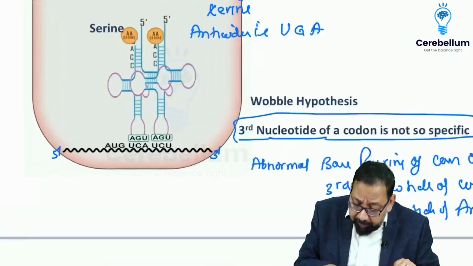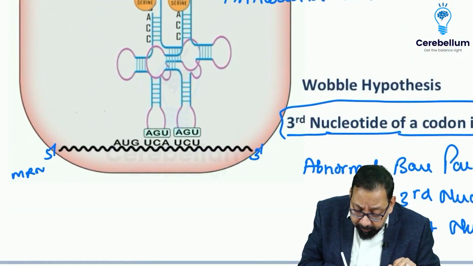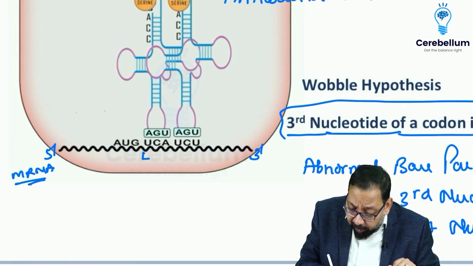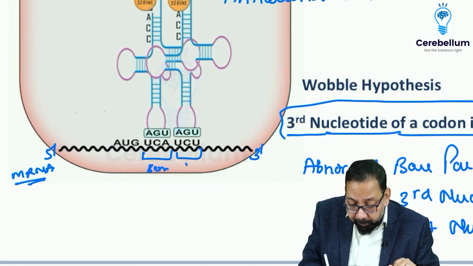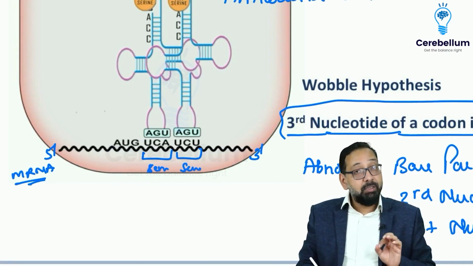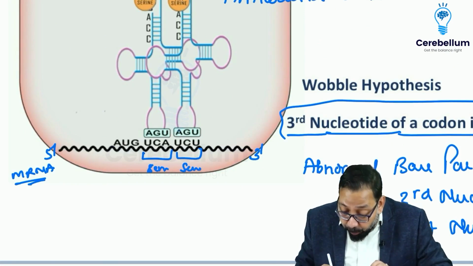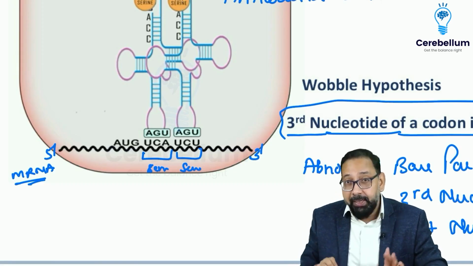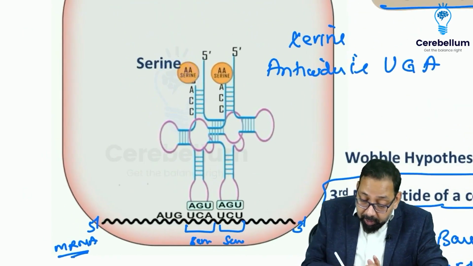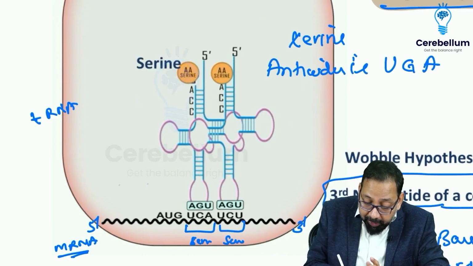Suppose this is messenger RNA. In this messenger RNA, there are 2 codons, UCA and UCU, and both code for serine. So when protein synthesis takes place, at both positions this codon will code for serine. We know that transfer RNA has an anticodon.